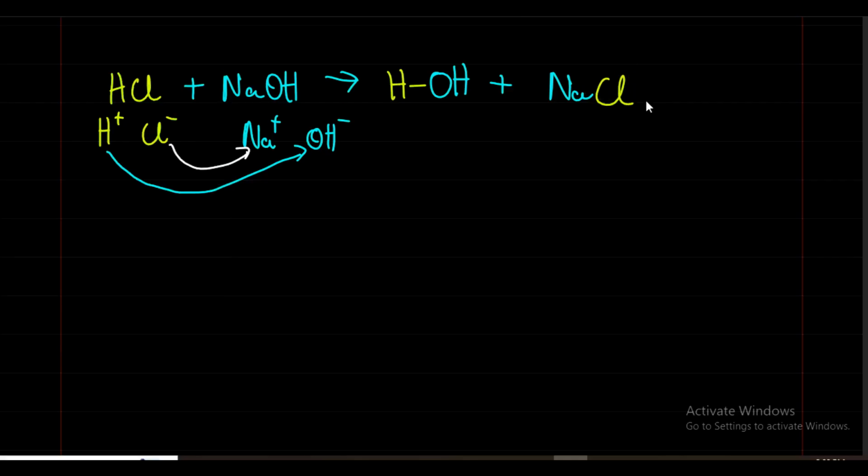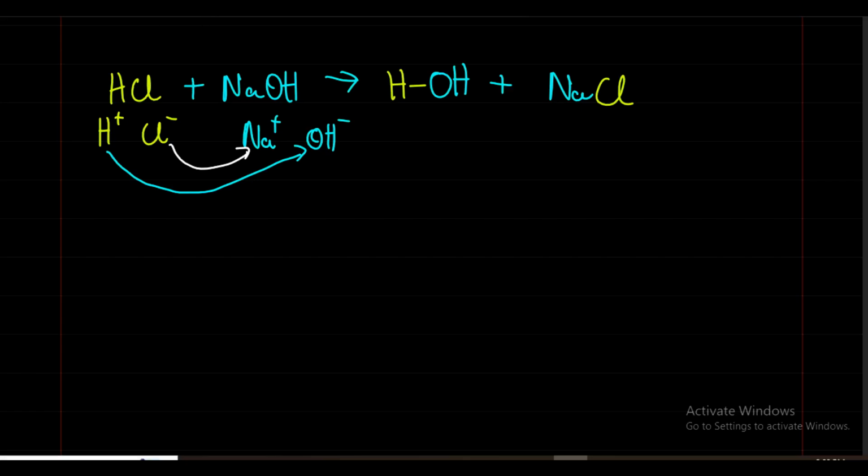This is how we form a product based on an acid and a base. Now, according to Bronsted-Lowry, an acid is a proton donor and a base is a proton acceptor.